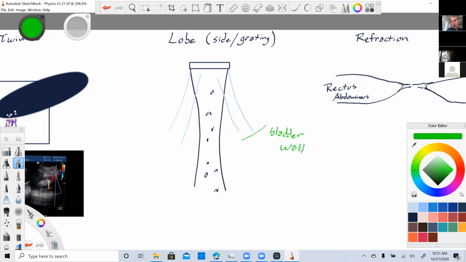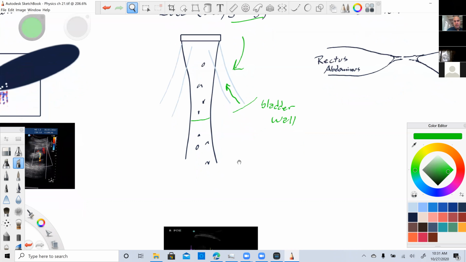So if you have a bladder wall outside of the beam, but inside of the grating lobe, that's going to create an echo. The machine doesn't understand that. The machine thinks the echo came from here, so that's where it puts it. The machine can't know about that.